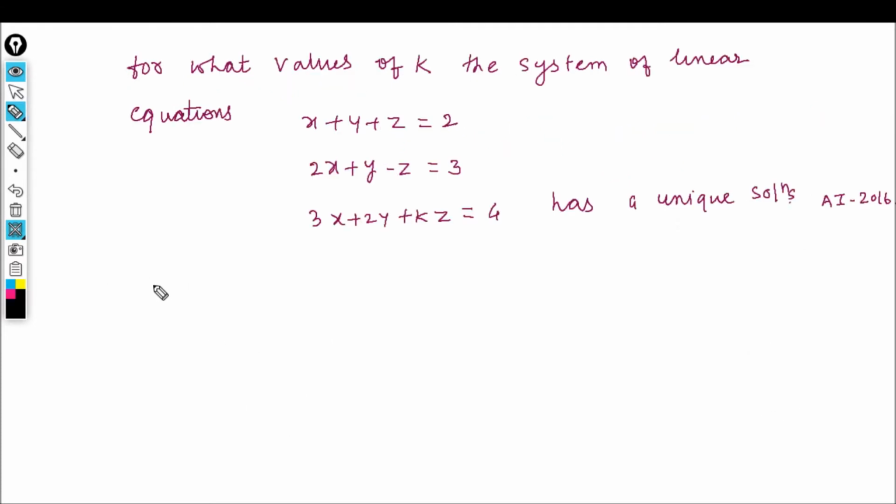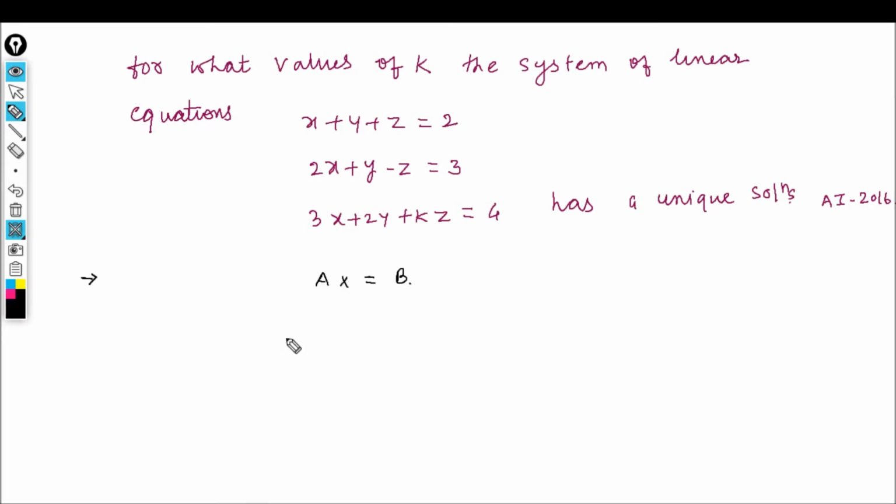So let us understand this question, बच्चों. For what values of k does the system of linear equations x plus y plus z is equal to 2, 2x plus y minus z is equal to 3, 3x plus 2y plus kz is equal to 4 have a unique solution? So देखिए बच्चों, this system of linear equations can be written as AX is equal to B, लिख सकते हैं बच्चों.